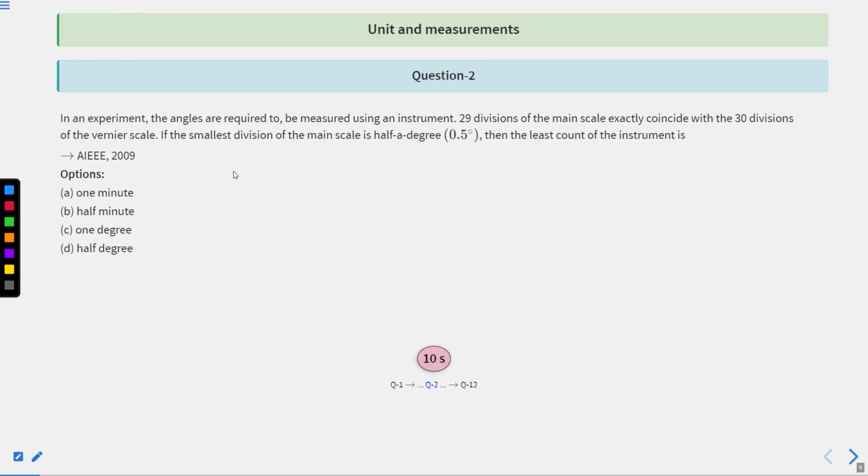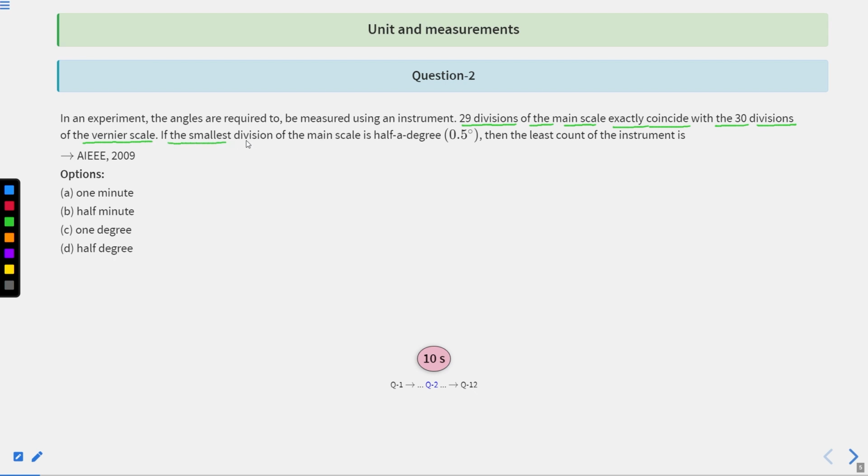Next question is this. Read the question carefully. In an experiment, the angles are required to be measured using an instrument. 29 divisions of the main scale exactly coincide with the 30 divisions of the vernier scale.